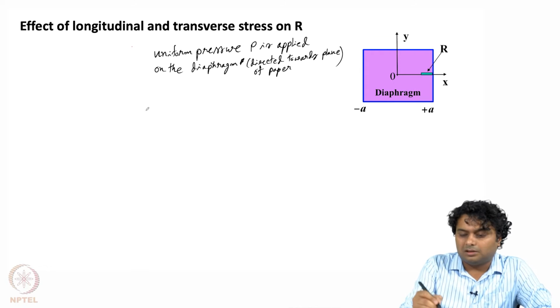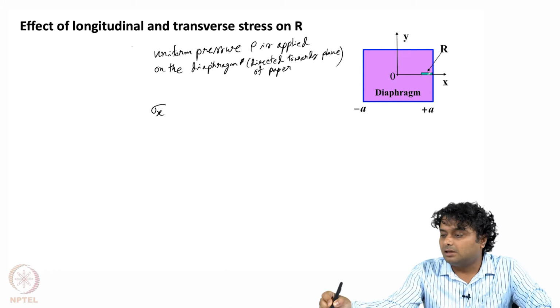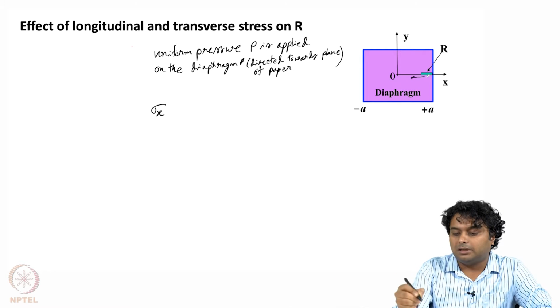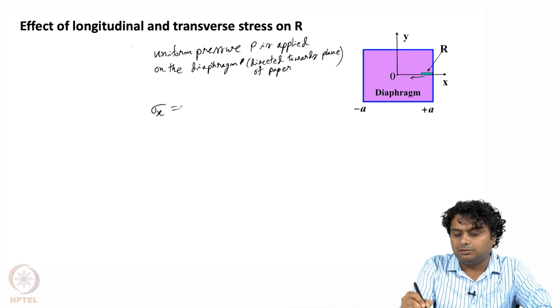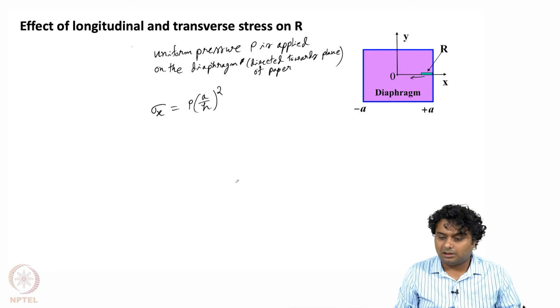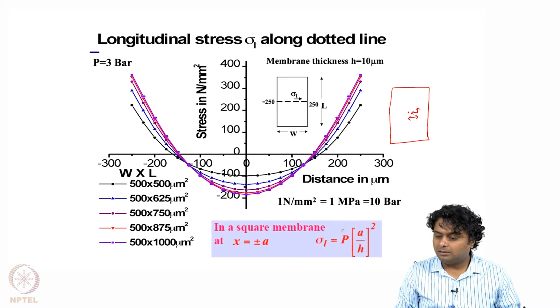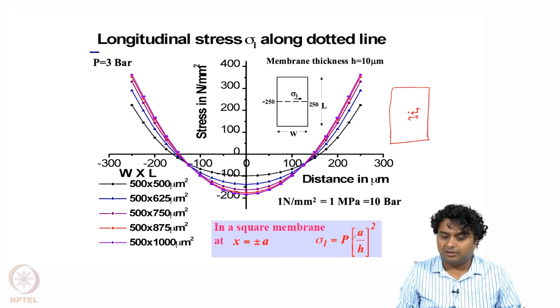Now, the stress component, let us say sigma x. Sigma x is the stress in the x direction, which is working radially, directed in this direction, right. That sigma x is equal to P into A by H whole square, which we are writing from the plate theory.